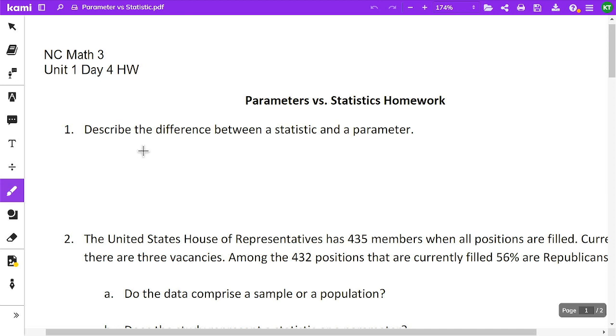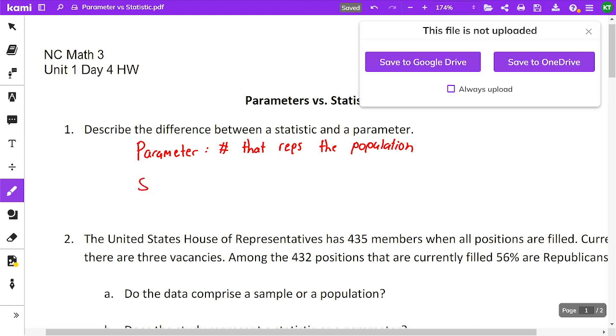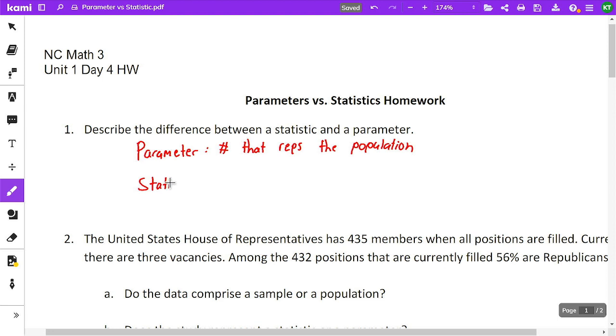So a parameter is going to be a number that represents the population, and then a statistic is going to be a number that represents the sample.